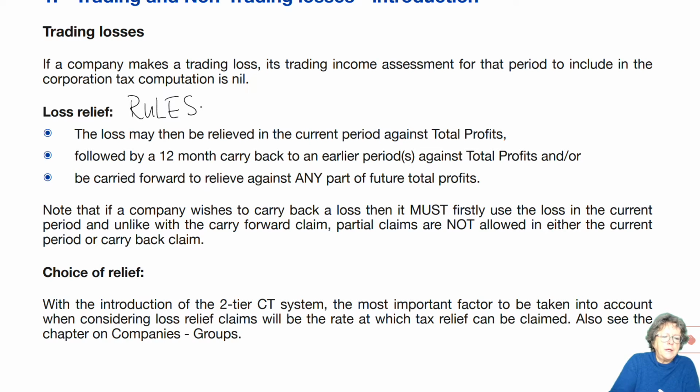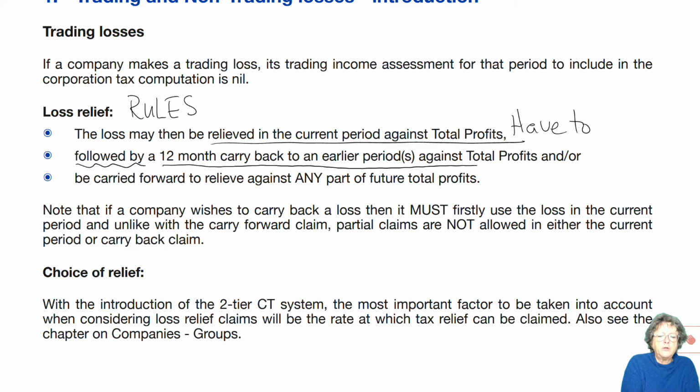A loss may be relieved against current period TTP. Now, that you have to do. You must do a current year claim before a 12-month carry back to an earlier period or periods. There might be two of them.